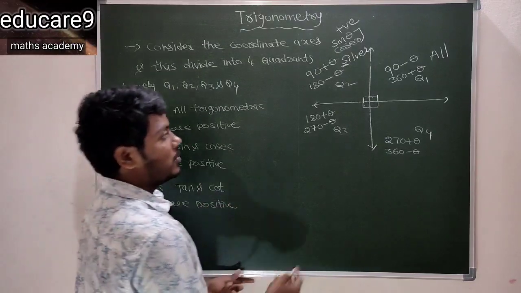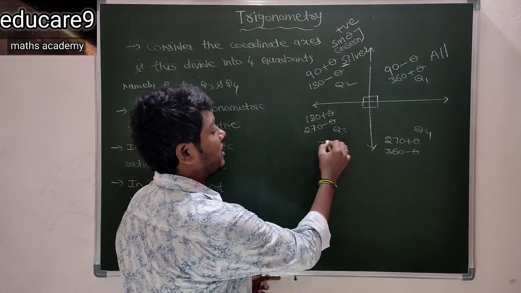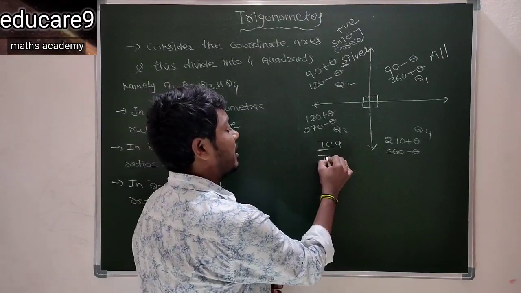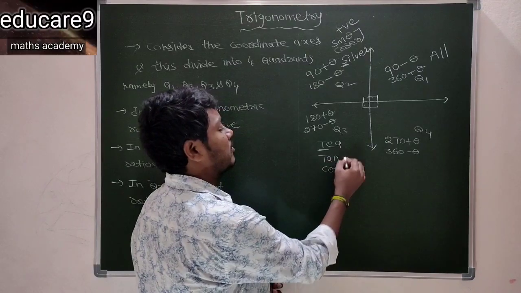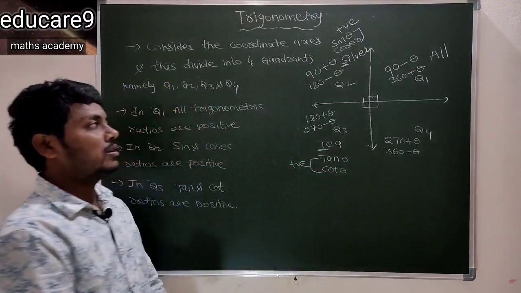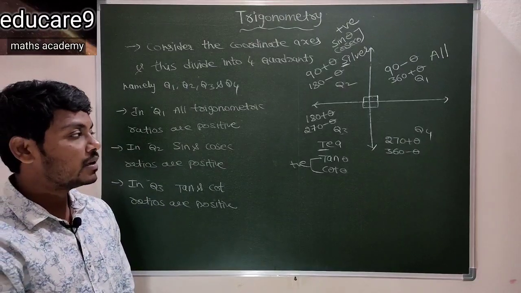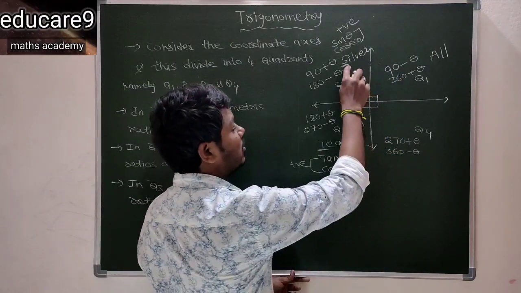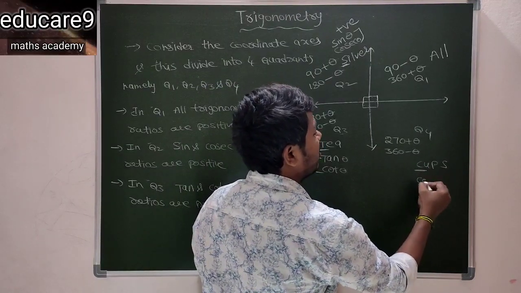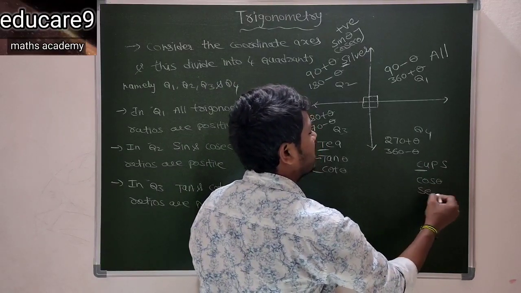Okay. Simply I am writing T. So T for tan and the reciprocal of tan, cot. So these two ratios are positive in the third quadrant. And here, all silver tea cups, just write C. C for cos and the reciprocal of cos, sec.